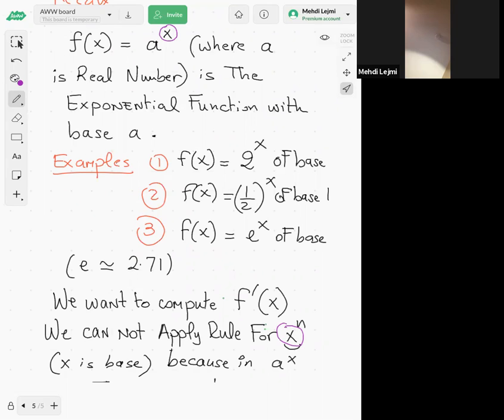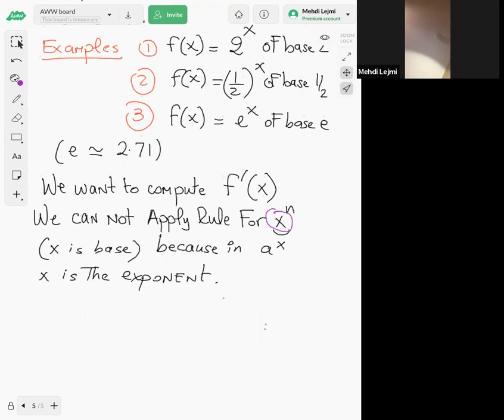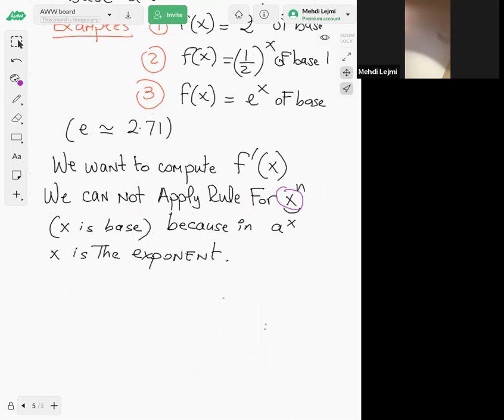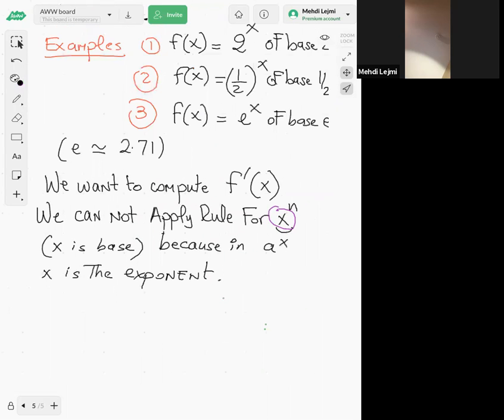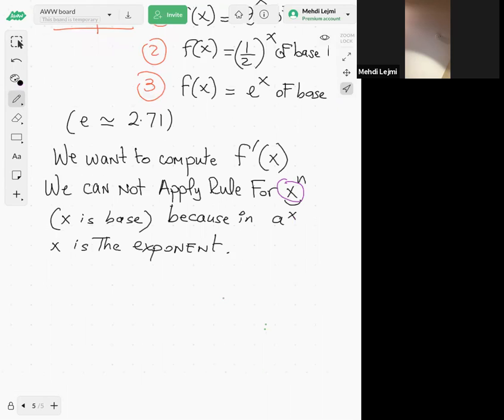Anyway, we want to compute the derivative. So let's see what happens when we compute it. My f of x is a to the x, and we want to compute f prime of x.